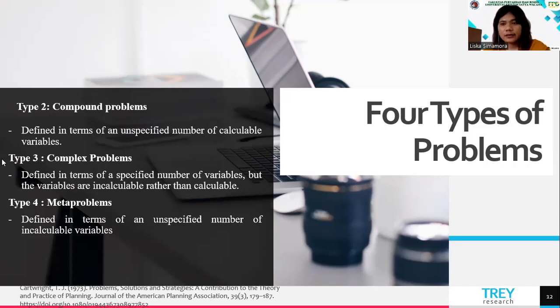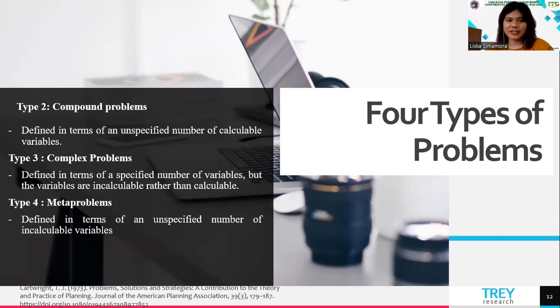And then we get into type 3, that is complex problems. Defined in terms of a specified number of variables, but the variables are incalculable rather than calculable. So again, we see here, complex problems have a specified number of variables. Which one do you prefer?